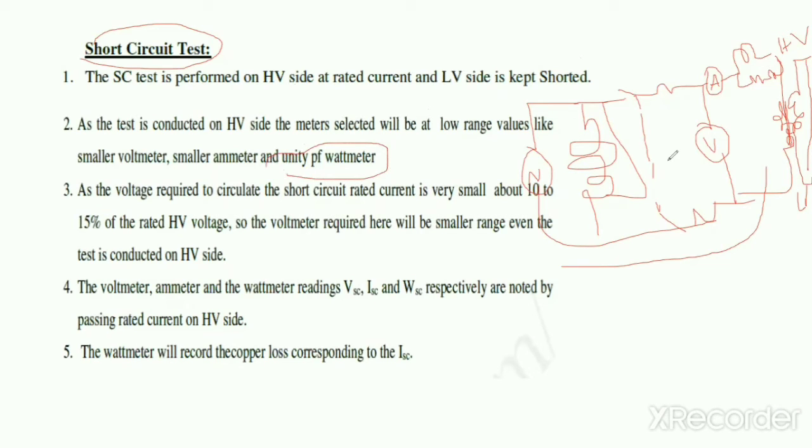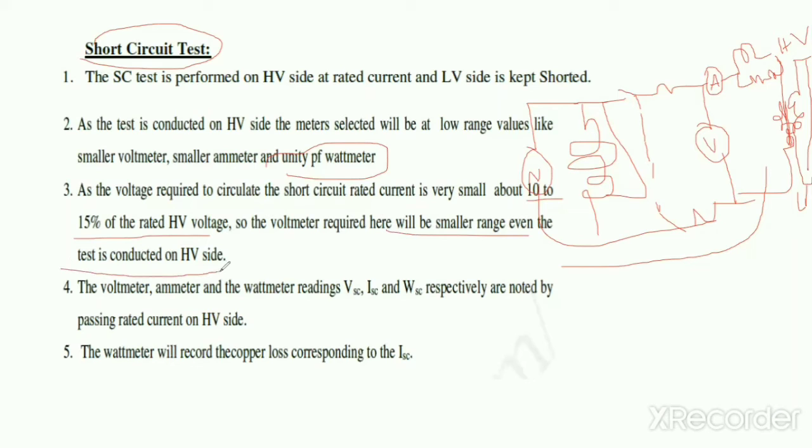The voltage required to circulate the short circuit rated current is very small, about 10 to 15% of the HV voltage, so the voltmeter required here will be of smaller range.